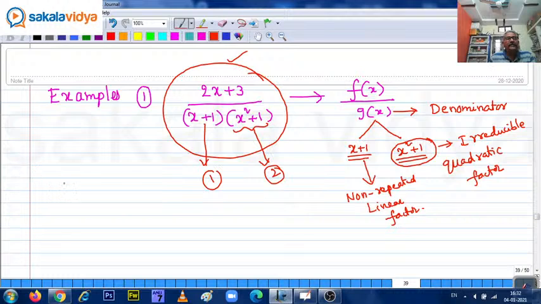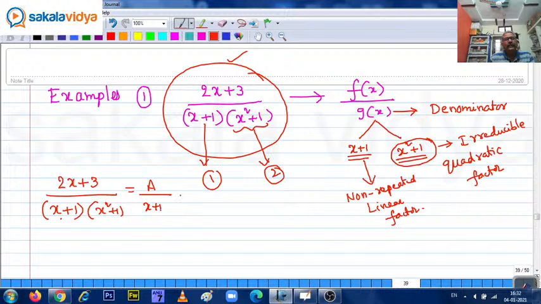So in general we can write: 2x plus 3 upon x plus 1 times x square plus 1 is equal to a upon x plus 1 for the x plus 1 factor, plus bx plus c upon x square plus 1.